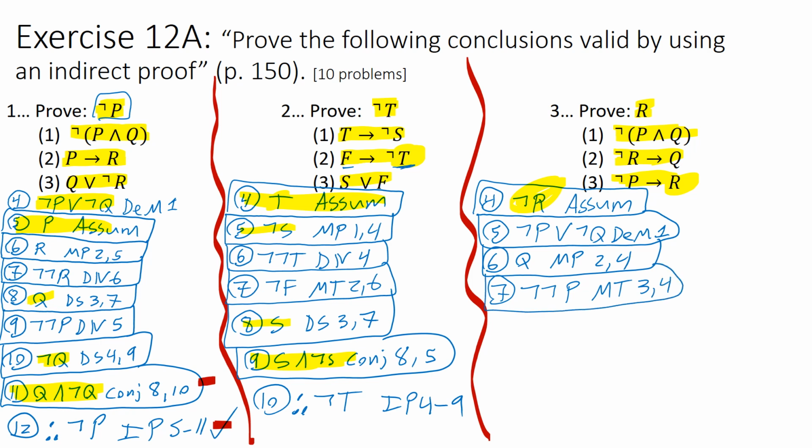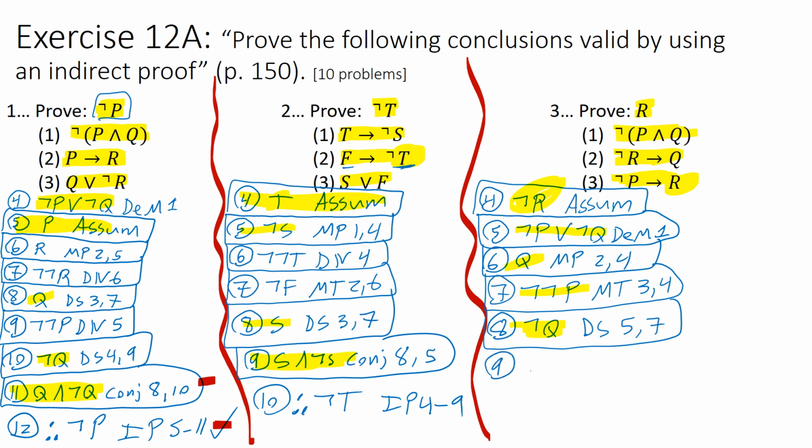Line 5, we have not P or not Q. Here we have not P, so we have a disjunctive syllogism once again. So for 8, we can get not Q by our disjunctive syllogism with 5 and 7. So we have not Q, we have Q, combine them.